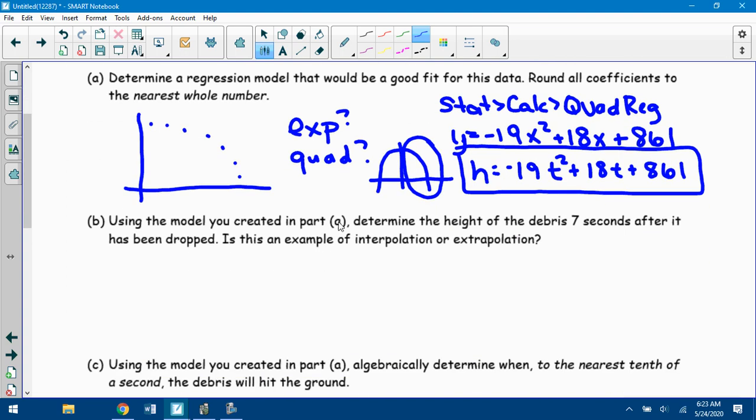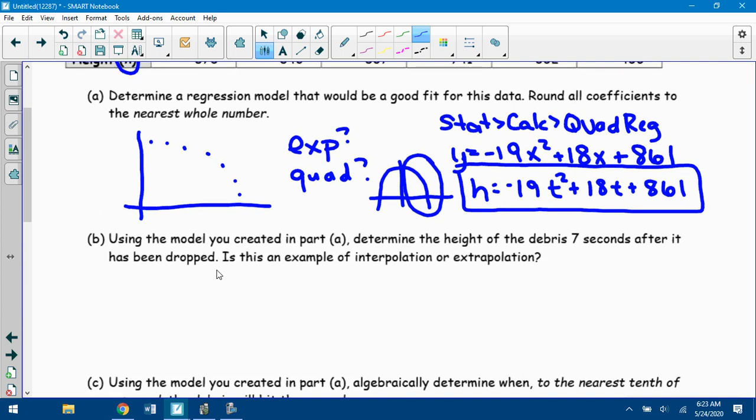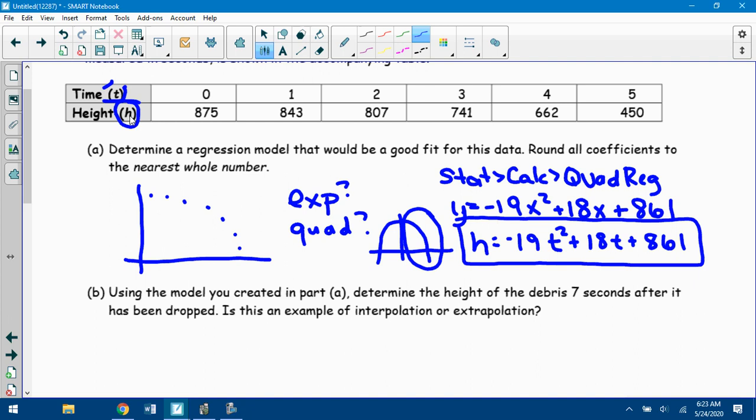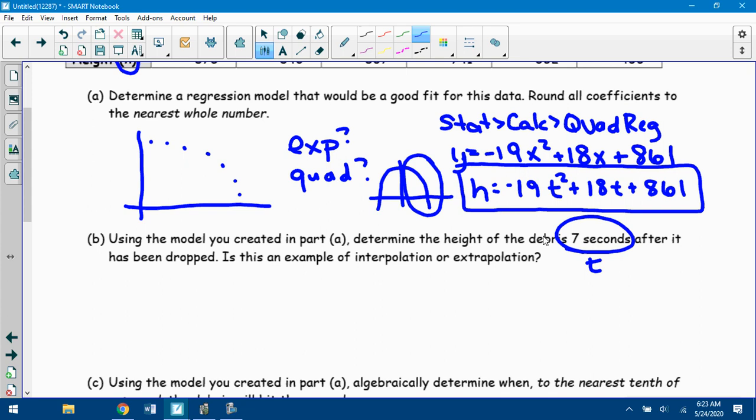Using the model you create in part A, determine the height of the debris 7 seconds after it has been dropped. Is this interpolation or extrapolation? Well, if I want to determine the height, 7 seconds is a time, so that's t. So I just plug 7 in for t. H equals negative 19 times 7 squared plus 18 times 7 plus 861.